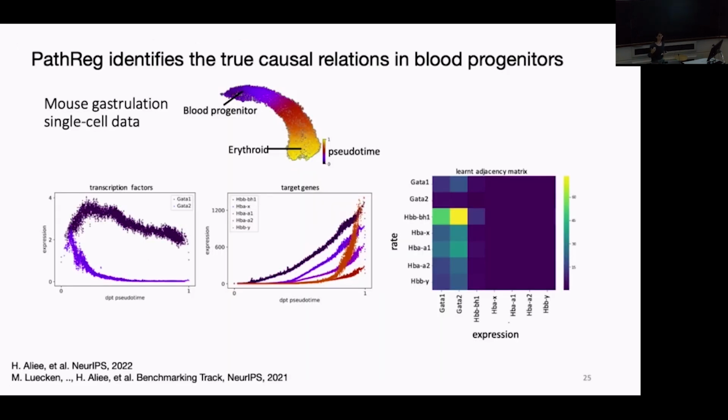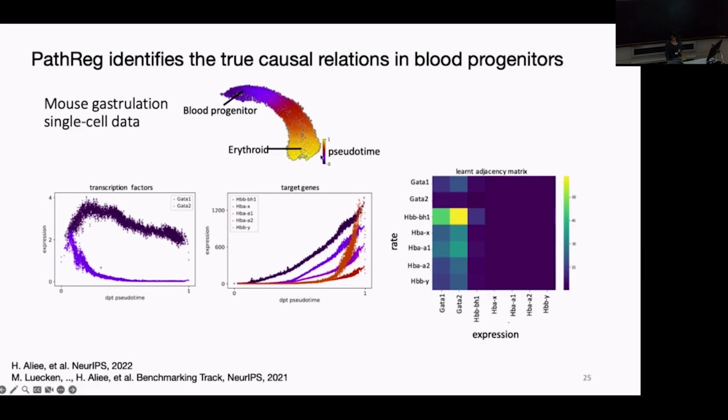Okay, now let's go back to the biology and see how these methods can help us to identify the relations between genes. So here I looked into the mouse gastrulation single cell data, and I only look into a branch of data in which blood progenitors differentiate into erythroid cells.